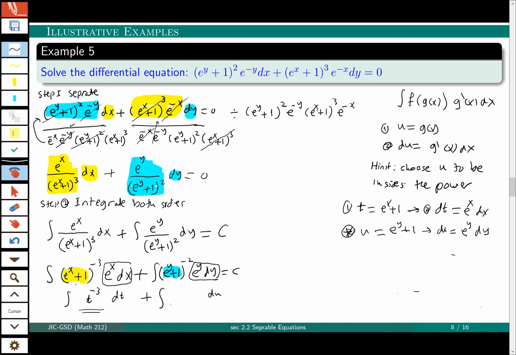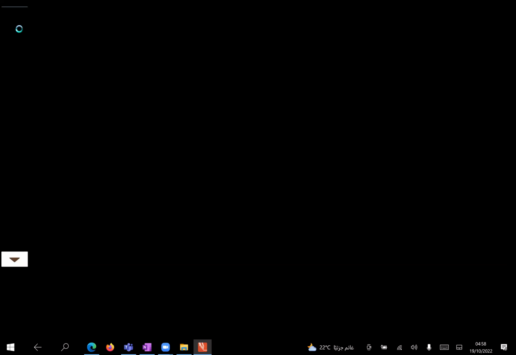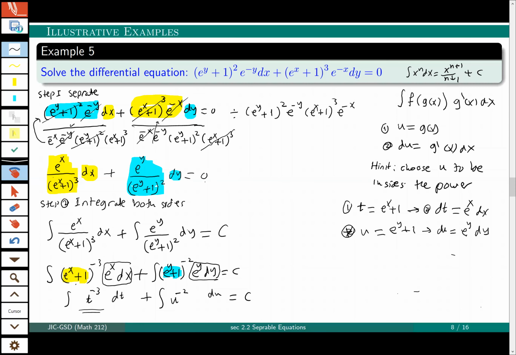And inside the power, now we reach the end. What's the integration of this one? Add 1. Remember, in the integration of x to the power n dx, it's x to the power n plus 1 over n plus 1.